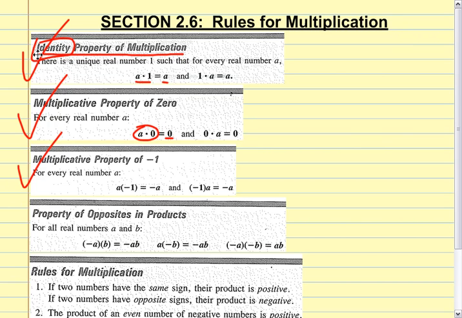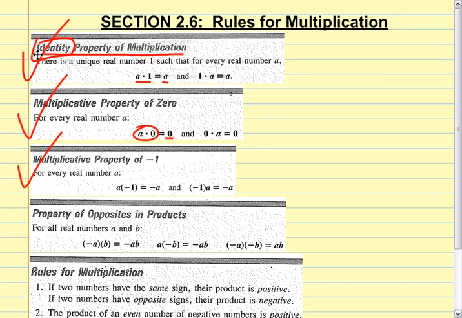A positive times a positive is a positive because they have the same sign. A positive times a negative is a negative. What about a negative times a positive, Jordan? It's a negative because they have different signs. They have different signs, the answer is negative.